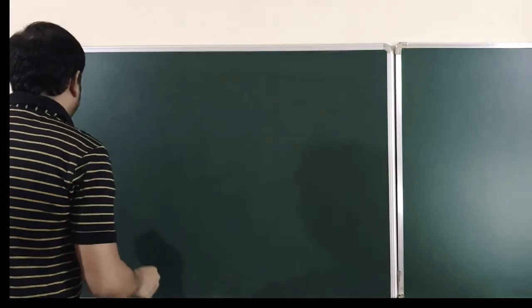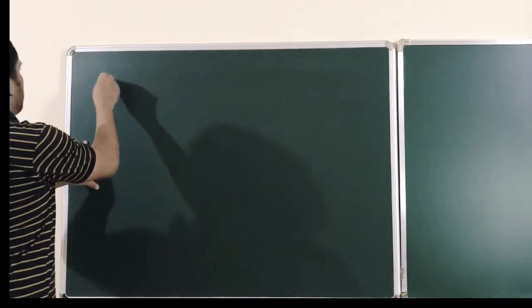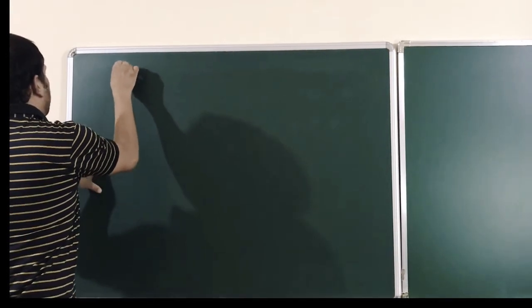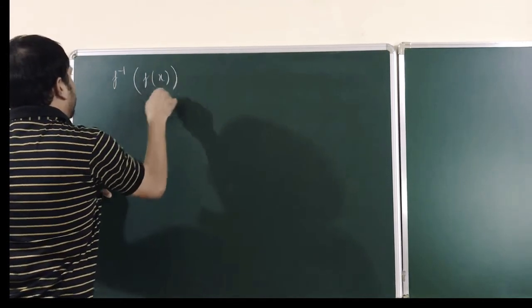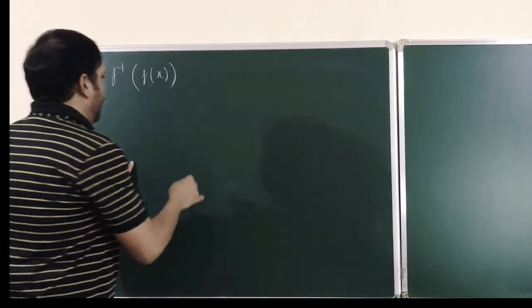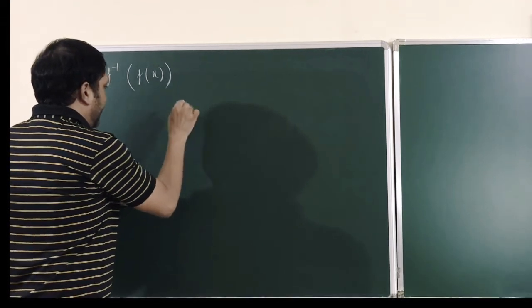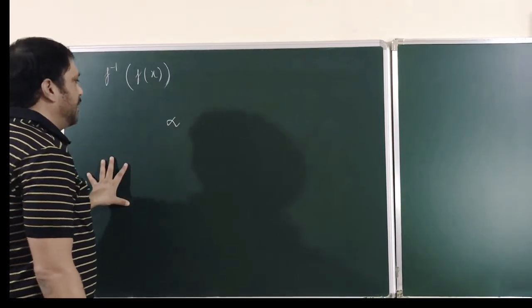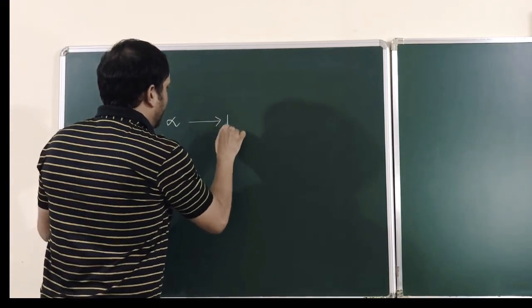Now, we have done the composite functions in the functions chapter. So let's say you are asked what is the f inverse of f of x. What does it mean? See, it's quite easy to understand. Let's say in f of x, I write alpha as an input and the corresponding answer I get is beta.